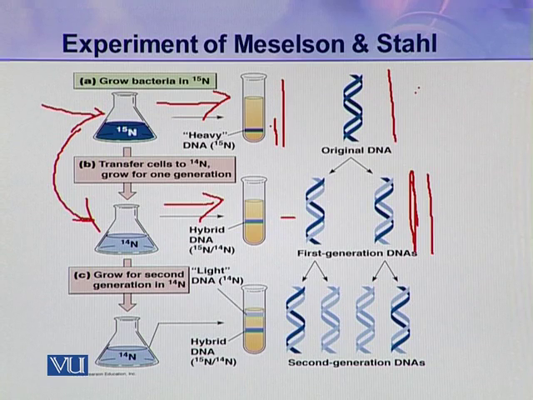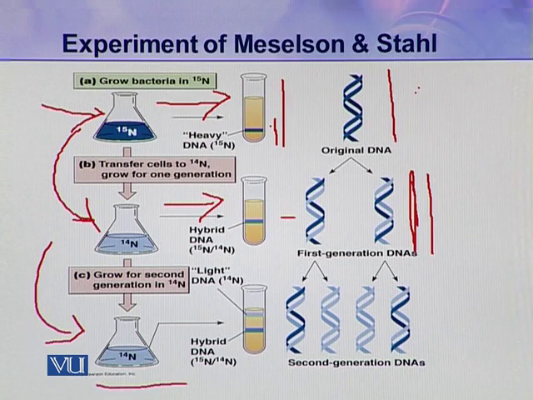In the third experiment, they kept on growing the cells in the same medium which contained N14, that is normal nitrogen. They grew the bacteria for another generation, so that this DNA could go through another cycle of replication.